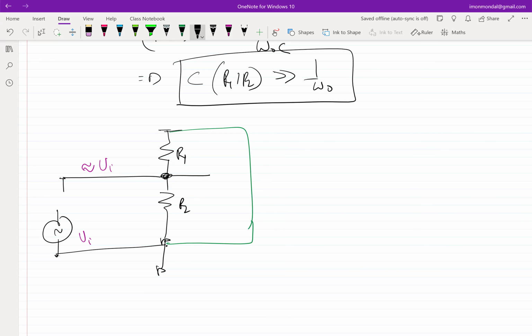All we have is the impedance 1 by j omega naught C. The question we are asking is, for what values of capacitance does this look like a short circuit? Whenever we say something looks like a short circuit, it's never absolutely zero. It will be small with respect to something. What should it be small with respect to? Pardon?